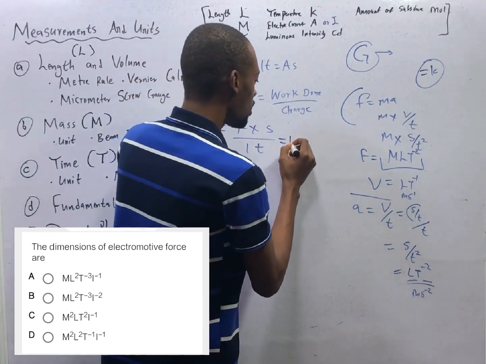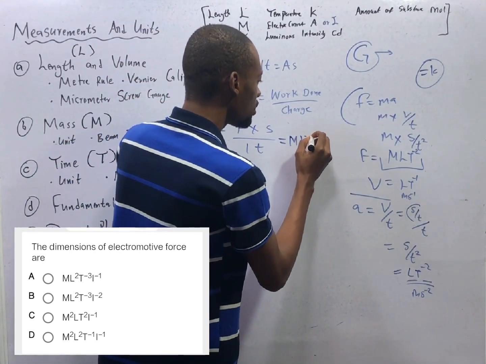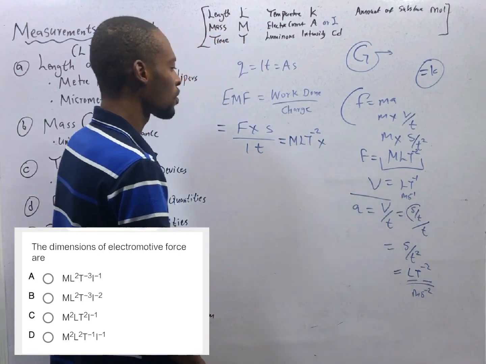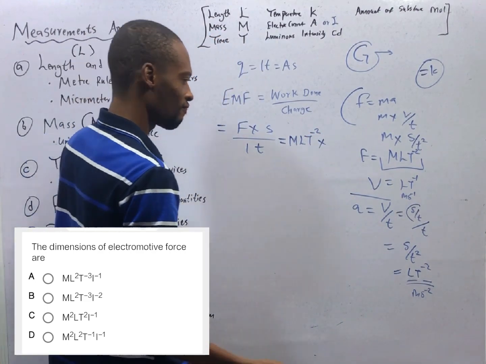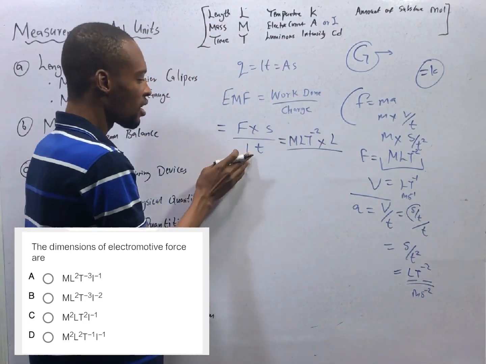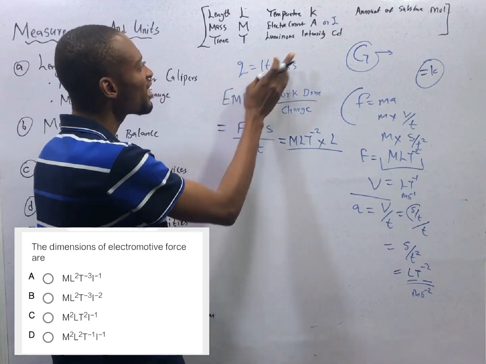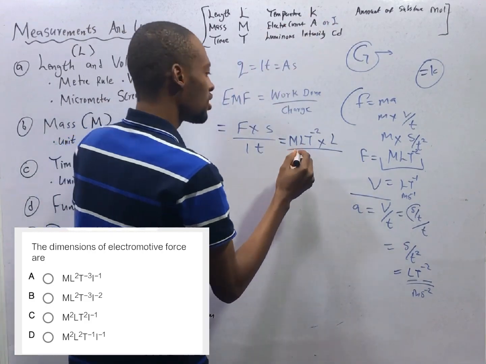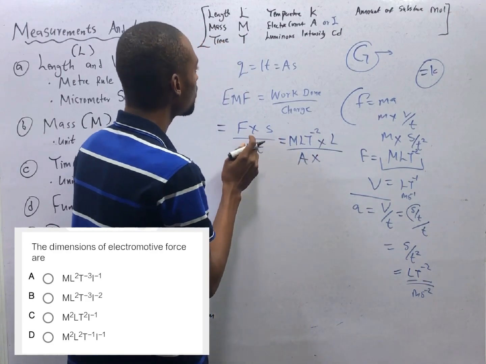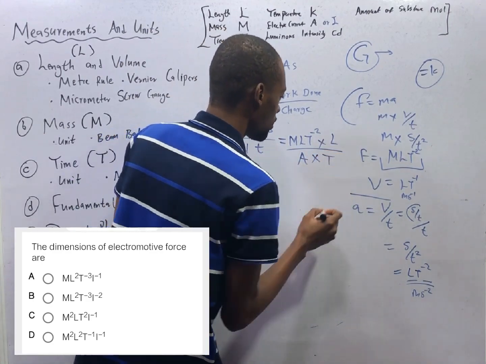Force is M L T raised to the power of minus 2 times distance, length L, over I, which is current. So current is either I or A. So let's say A times T, where T is time.